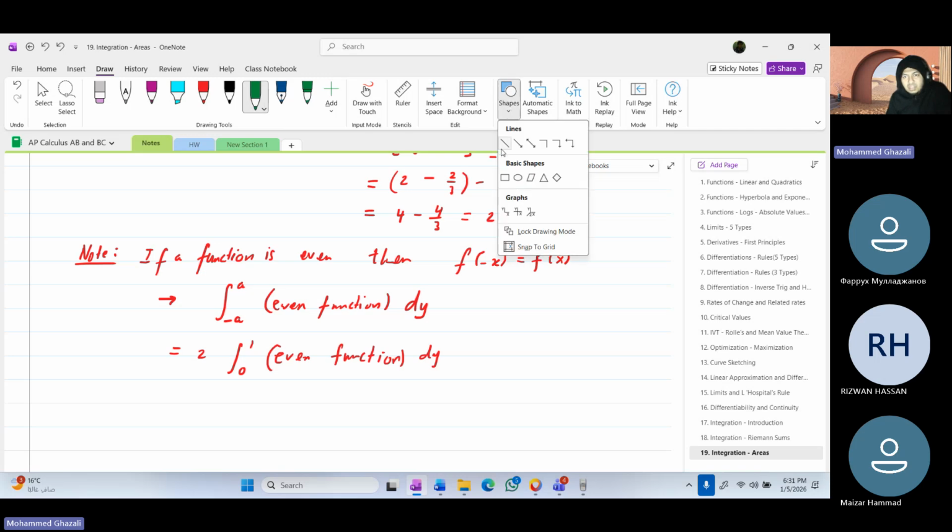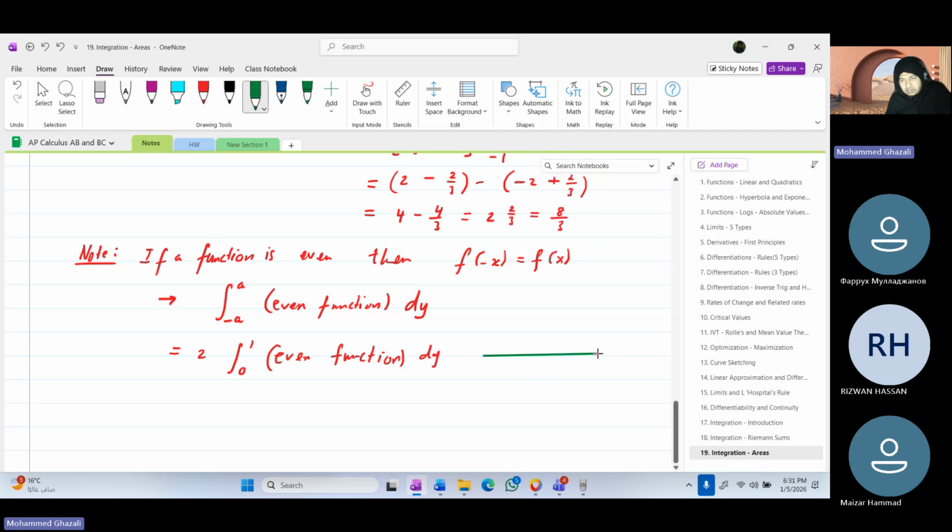Example. Remember, my function was symmetrical, with negative a here and a here. Integrating over the entire region is the same thing as integrating from 0 to a multiplied by 2. Say for example, you have something like this, and you can clearly see that the area looks symmetrical.